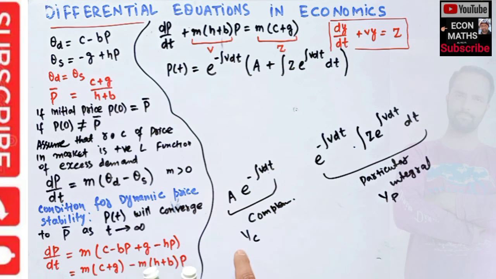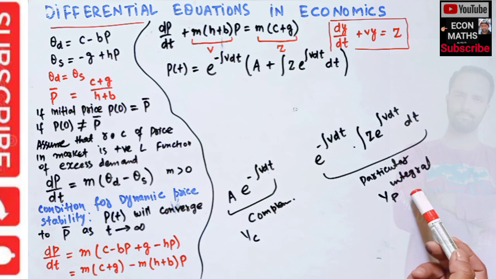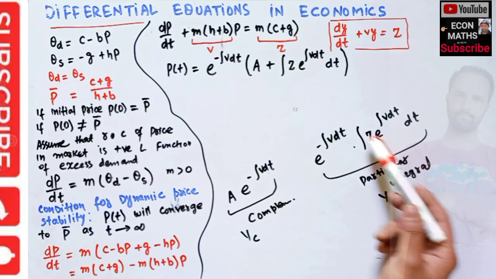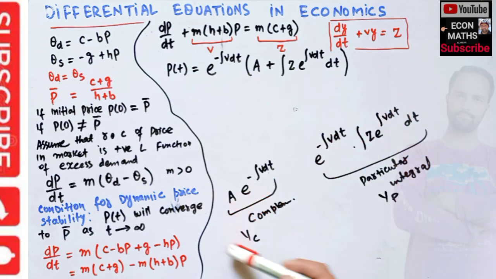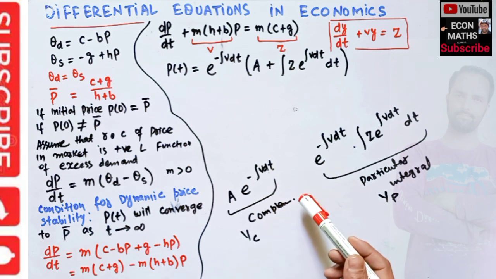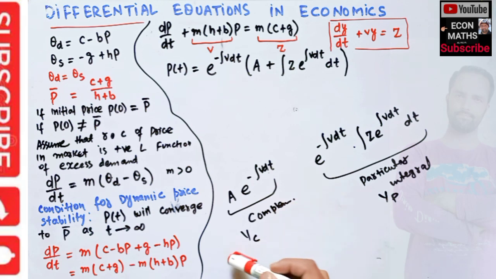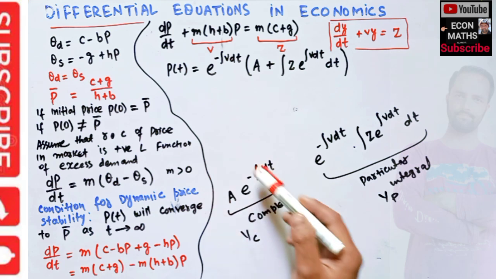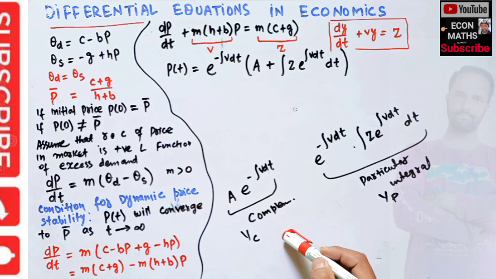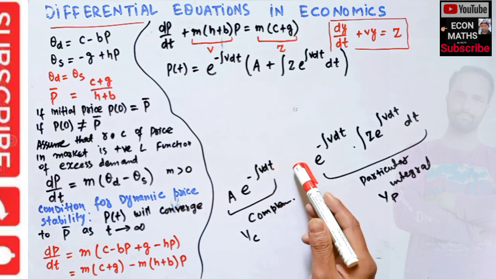Now this particular integral shows us the intertemporal equilibrium level of price. That means when price is constant over time, this very thing. And this complementary function shows us the deviation from the equilibrium. Our endeavor is, that means for dynamic stability, this yc, this complementary function must approach zero as time tends to infinity.